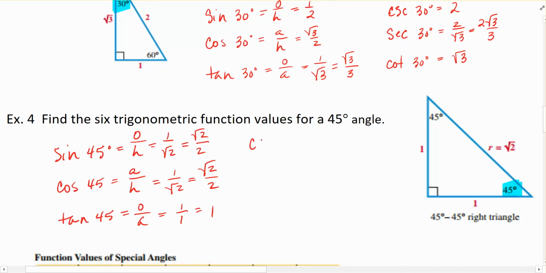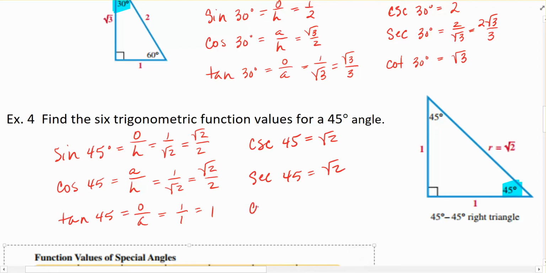So I've got the cosecant of 45, which is going to be the square root of 2 over 1, or just the square root of 2. Secant of 45 is going to be the same value, just the square root of 2, and cotangent of 45 is going to just be 1.